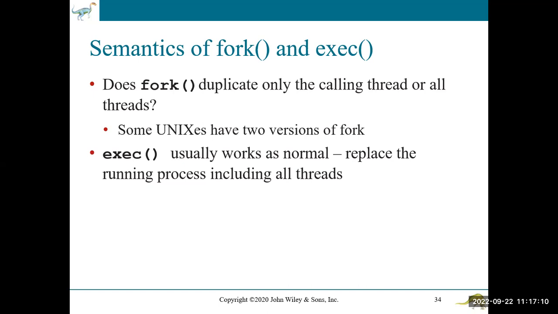So the whole point of this slide is with regard to threads in some Unix and Linux distributions, you have two different versions of fork. And exec works as normal. It replaces the running process, including all the threads.